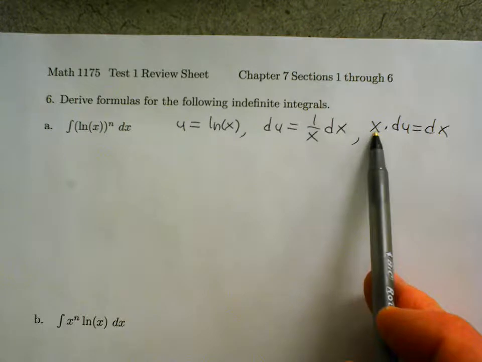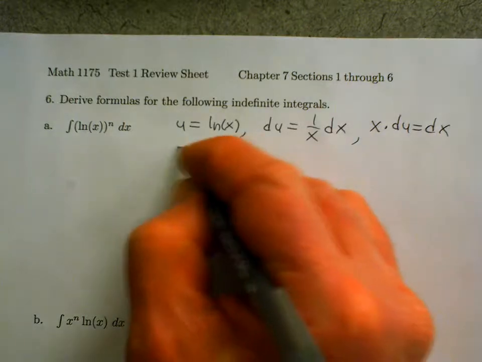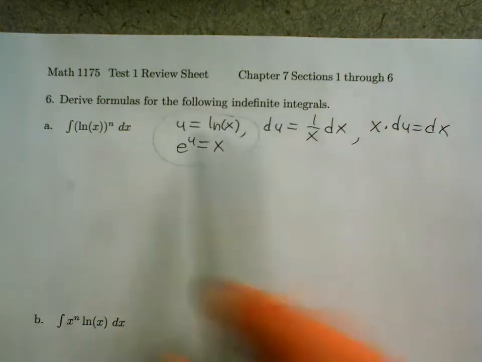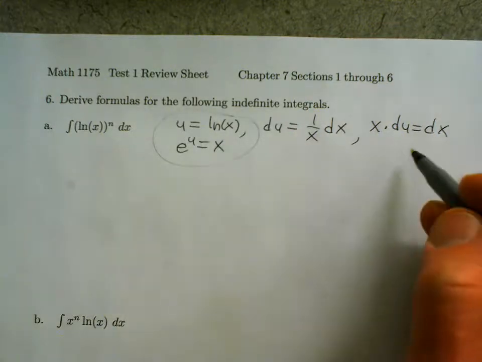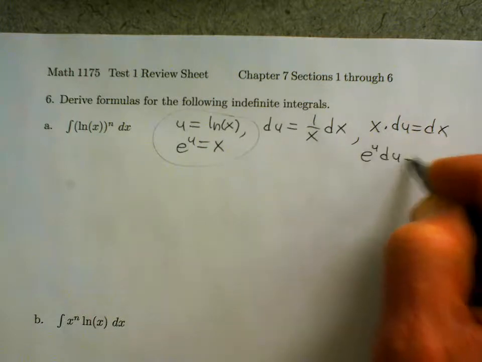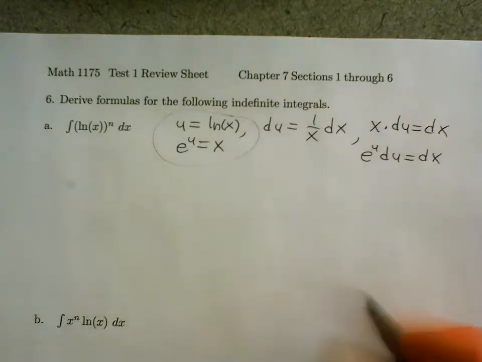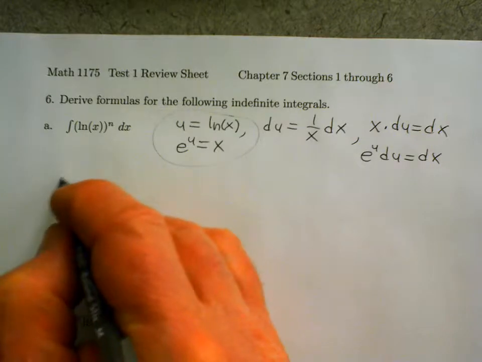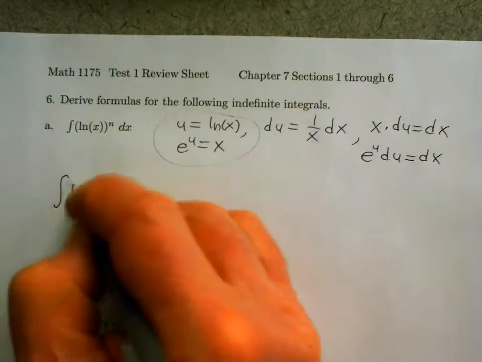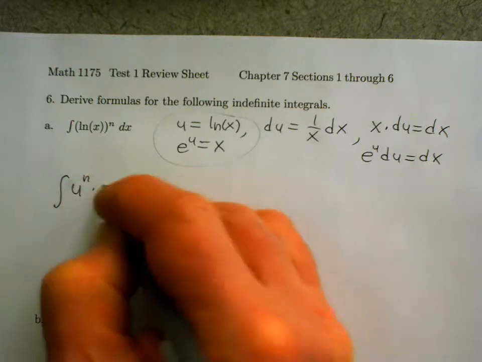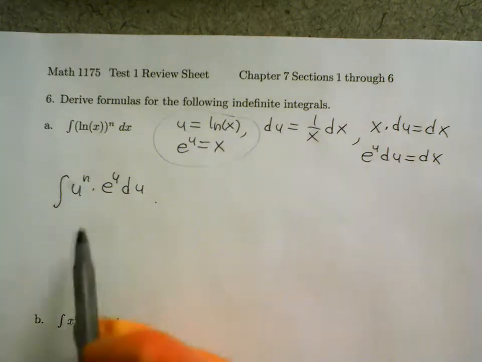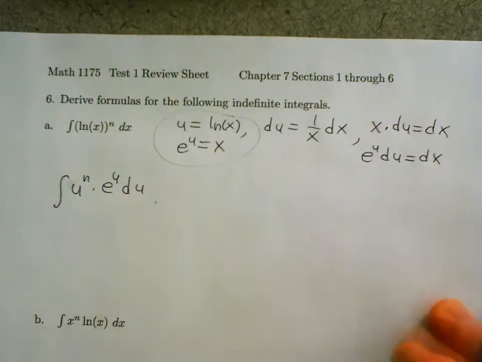We can replace x with e to the u using this assignment here. So dx will be e to the u du. And then when you make substitutions, we'll get u to the n times e to the u du. To take this further, you would just use integration by parts.